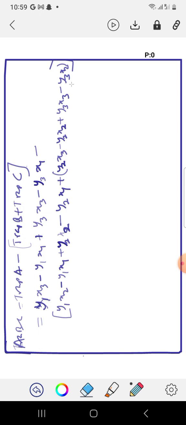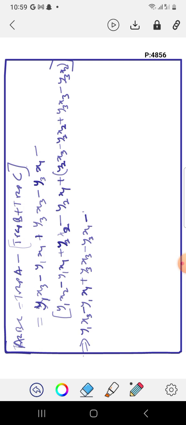Okay, so I think I'm in a very convenient place now. So this would imply y1 x3 minus y1 x1 plus y3 x3 minus y3 x1. I might have made a mistake, but let me just be positive. Now the minus, we use that minus to open the bracket up, so everything in here would change signs.